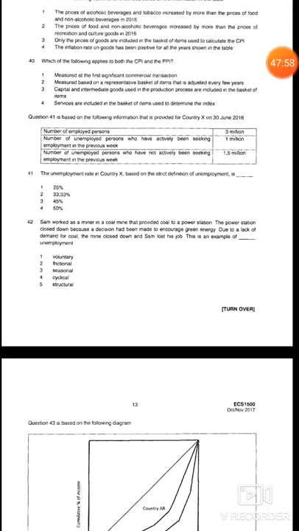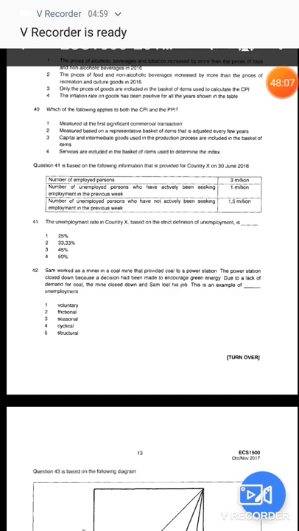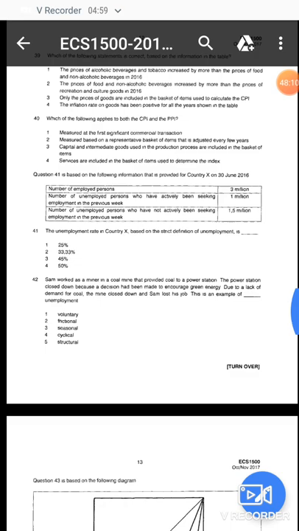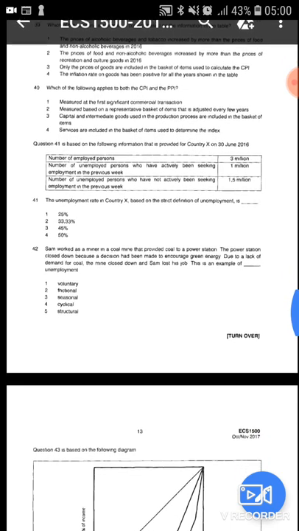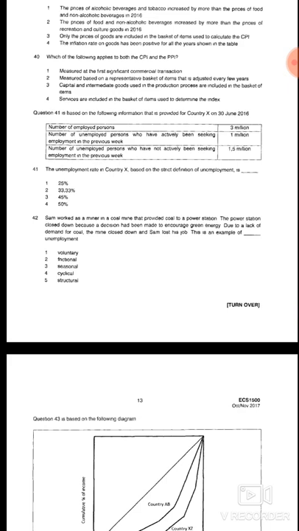Which of the following applies to both the consumer price index and the PPI, producer price index? Let's have a look at question number 40. Option number 1 is the only option that is correct, because if you look at option number 1, it says it is measured at the first significant commercial transaction.